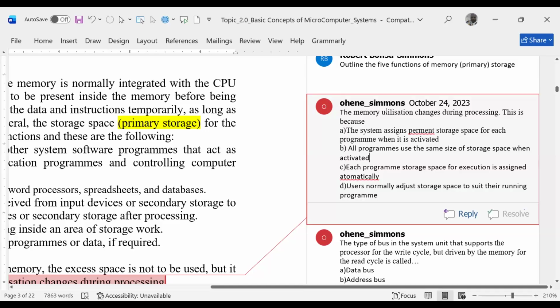Okay, the reason why I chose A is because one of the basic functions of the CPU, or the storage, is to store program instructions. Whatever information you put in the computer, for example Excel, when you input your information on the Excel sheet for it to save, it is approaching a particular space.